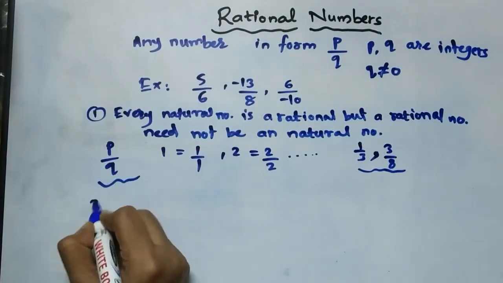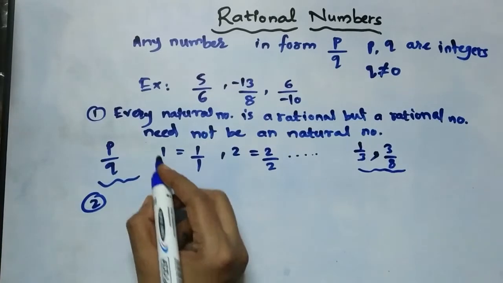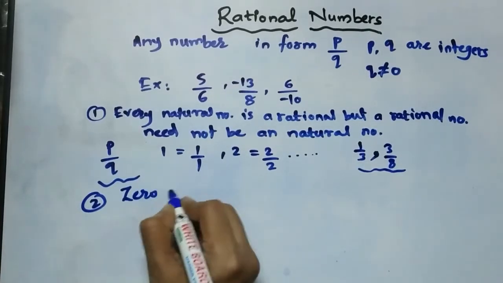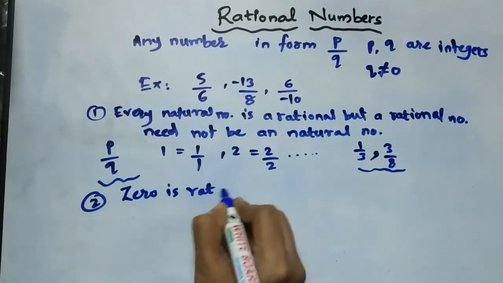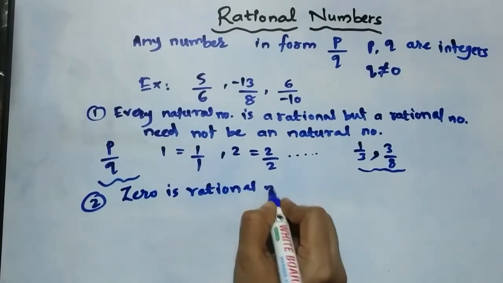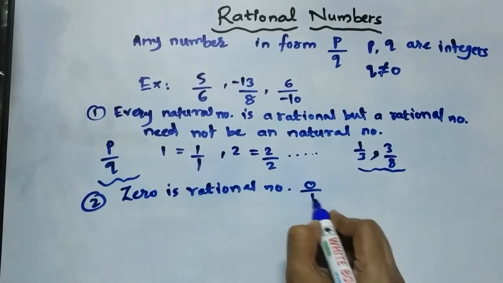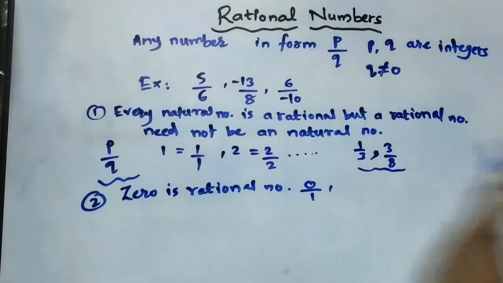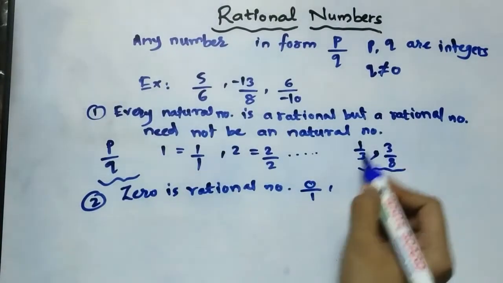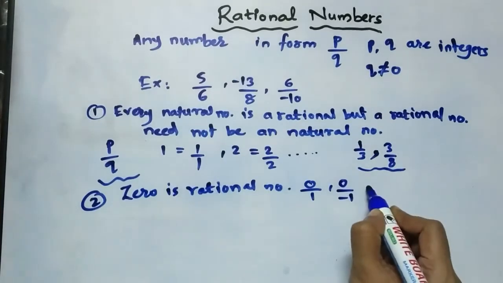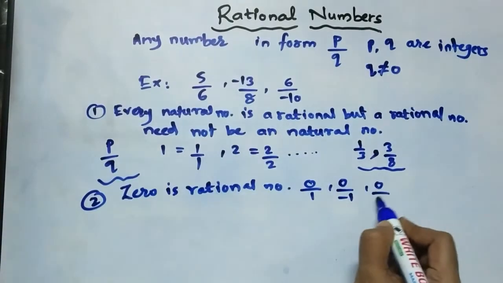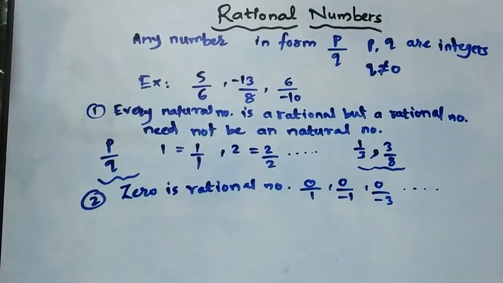The next property: 0 is a rational number. Friends, 0 is a rational number. Why? Because you can write 0 as 0 by 1, you can represent 0 as 0 by minus 1, you can say 0 as 0 by minus 3. So these are all rational numbers.